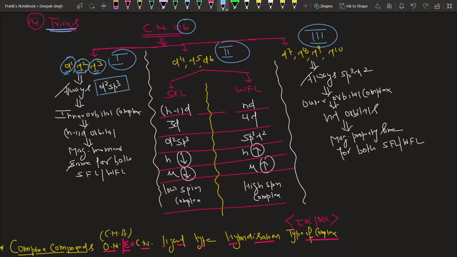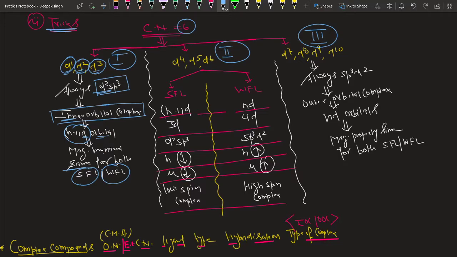And d2sp3 means the inner d orbital is involved in the hybridization, so that complex will always be an inner orbital complex. When you say inner orbital complex, the d orbital of the penultimate shell is involved, and the magnetic moment for such complexes with the same configuration will be the same, even for strong field ligand and weak field ligand.